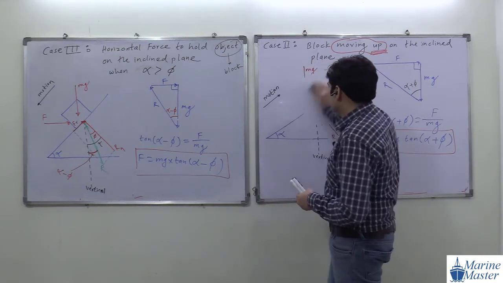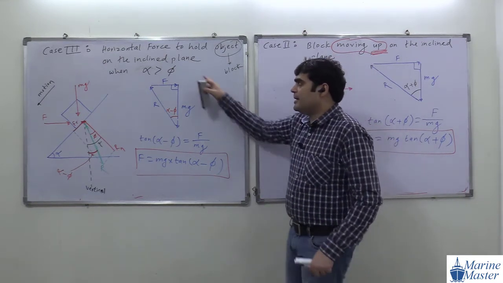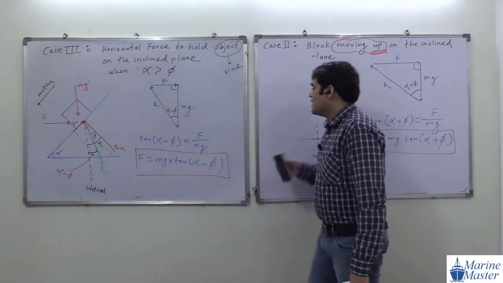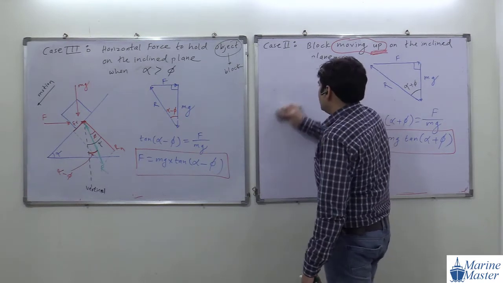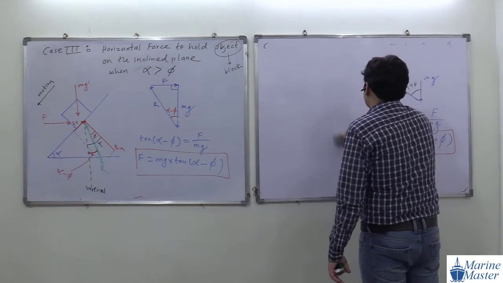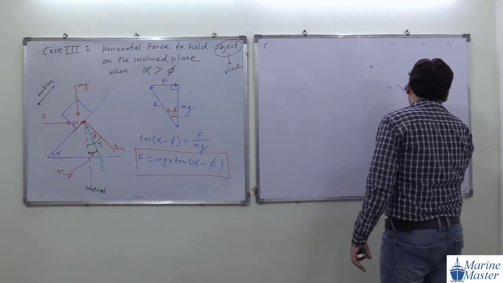Now case 4. In case 3, alpha is greater than phi, meaning the object goes down due to its own weight. Case 4 is again quite interesting, very interesting as compared to the other two cases.